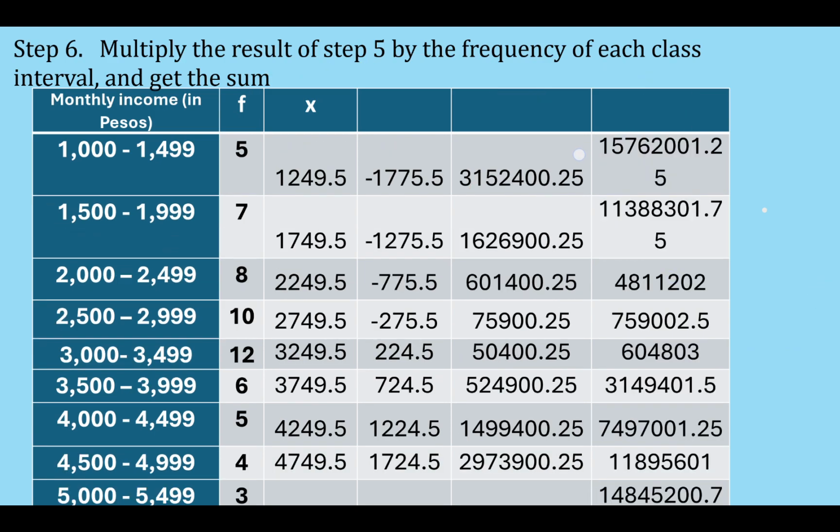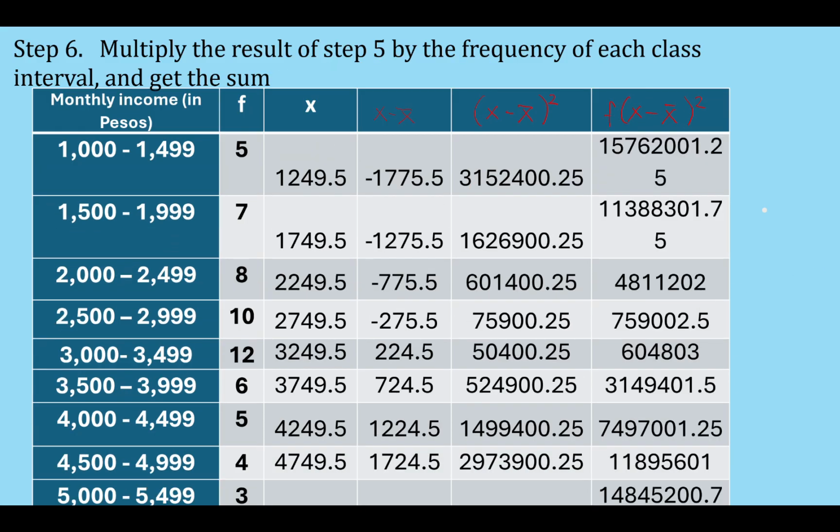So, we have here again our x minus bar x. This is the square of x minus bar x. And this is now f times x minus bar x squared. Okay, so our table is now quite complete.